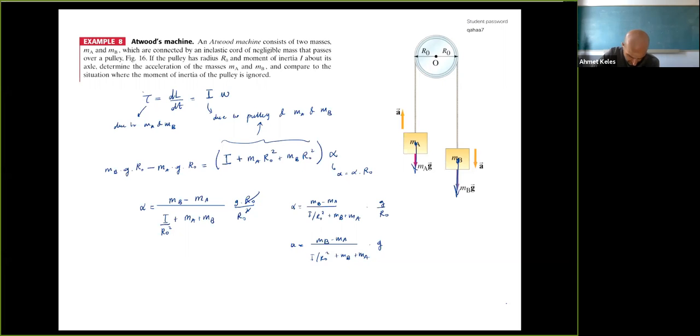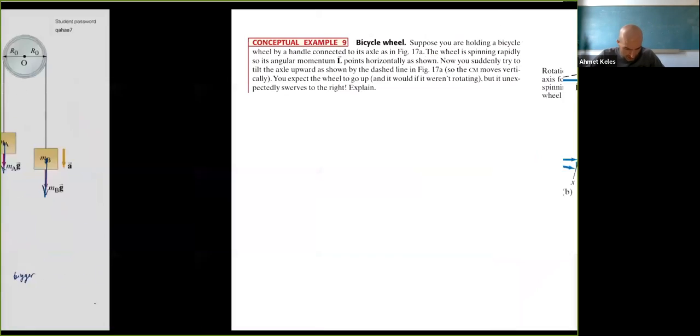So if I is ignored, obviously A will be bigger. If you put I equal to 0, you have a smaller denominator, so A will increase. All right, let's continue.